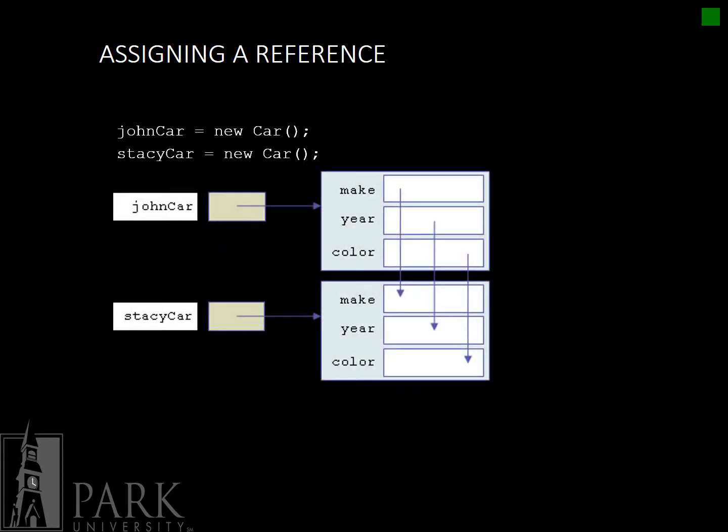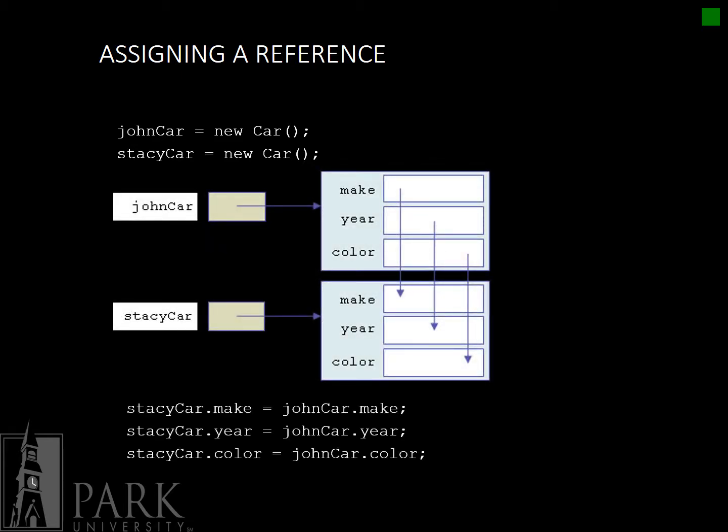So if you want to make a copy of a reference variable, you should not assign the reference to another reference. Instead, you should just instantiate a new object for the second reference, and then assign the two objects' instance variables one at a time, like this.